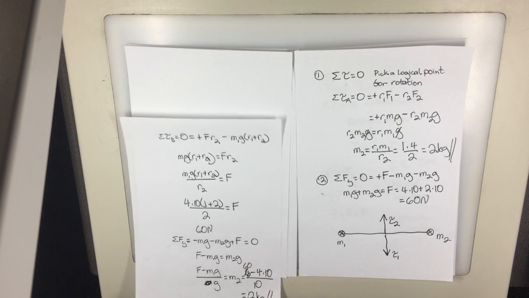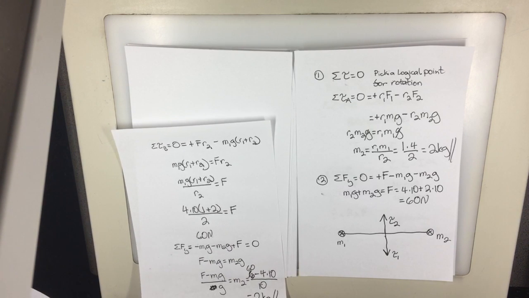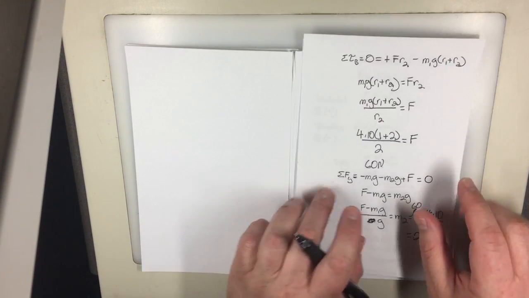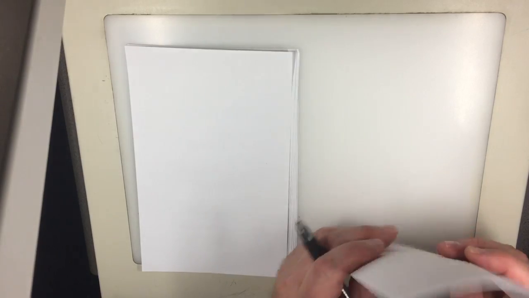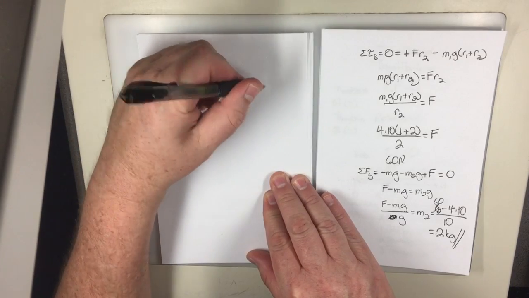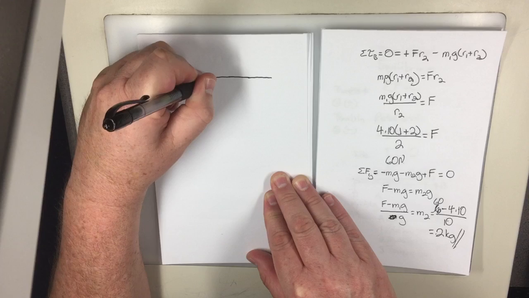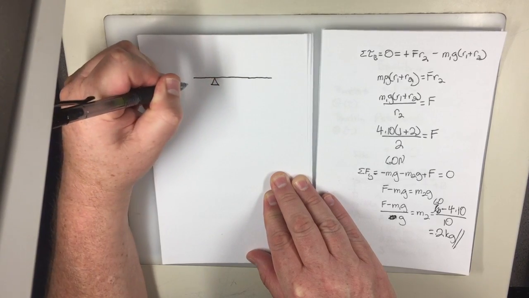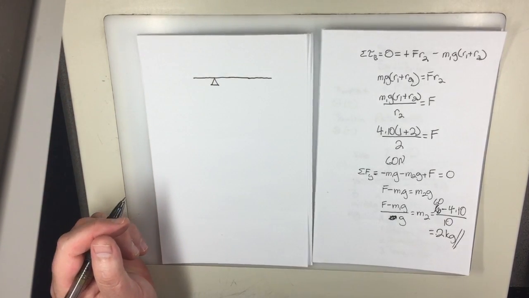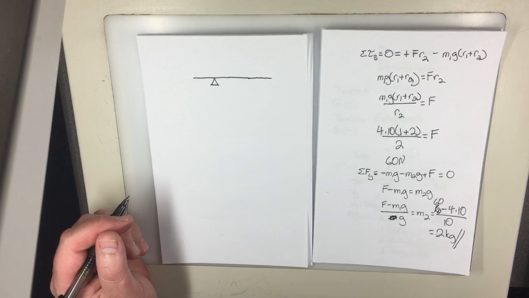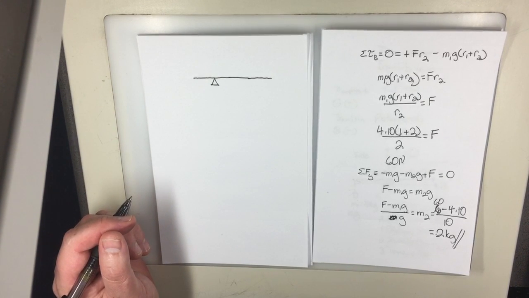Now, the last example that I'm going to do for torque bar problems is one that makes it a little bit more complex, but the procedure is still the same. What's really funny about this particular problem is I was giving the review session in this room for 213, and it was a 2-hour review session, and halfway through it was really weird.